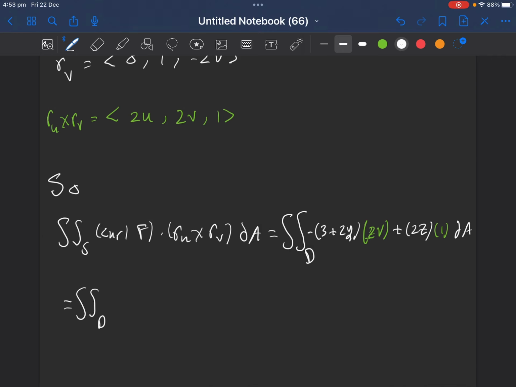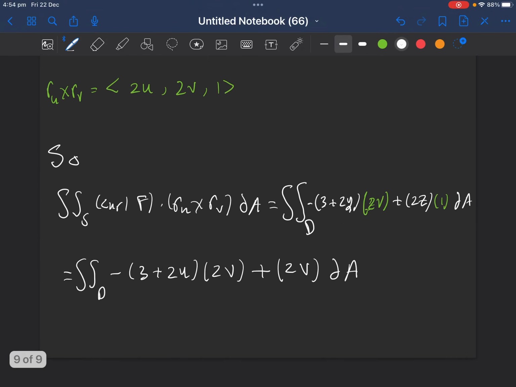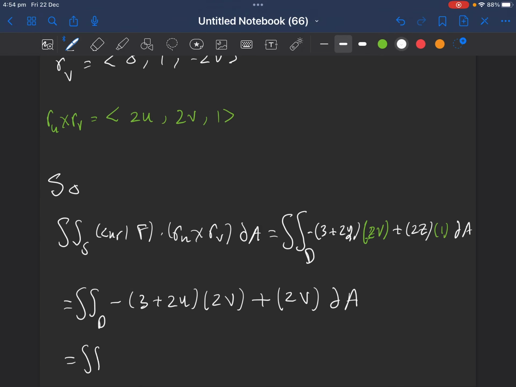Now, if we return everything back to u and v, this would be negative 3 plus 2u times 2v plus, now 2z will be just 2v dA, which is, if we simplify it here, negative 6v plus 2v.